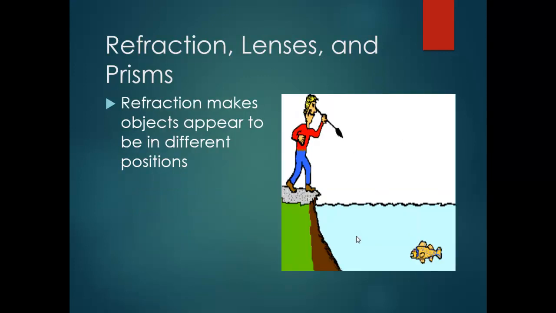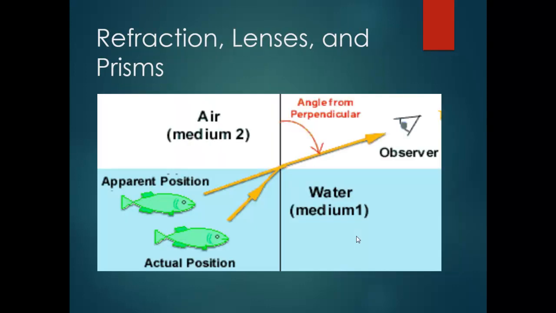Refraction makes objects appear to be in a different position. Here you see the observer, the man who sees something below the water. Apparent position, actual position. Why do we have two different positions? We see the fish in a different position because of the refraction of light.